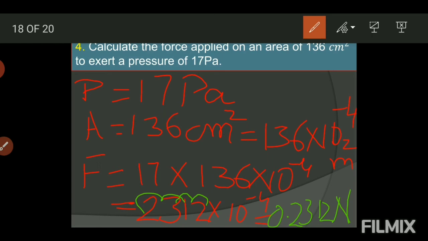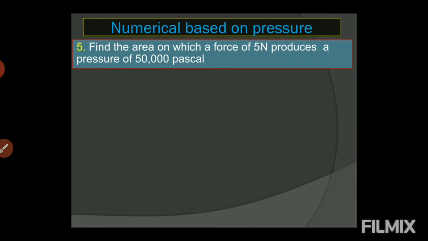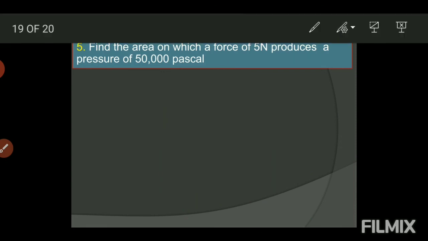Let me go for one more number to explain you about finding out the area. In this number you can see you are asked the area on which a force of 5 Newton produces a pressure of 50,000 Pascal.